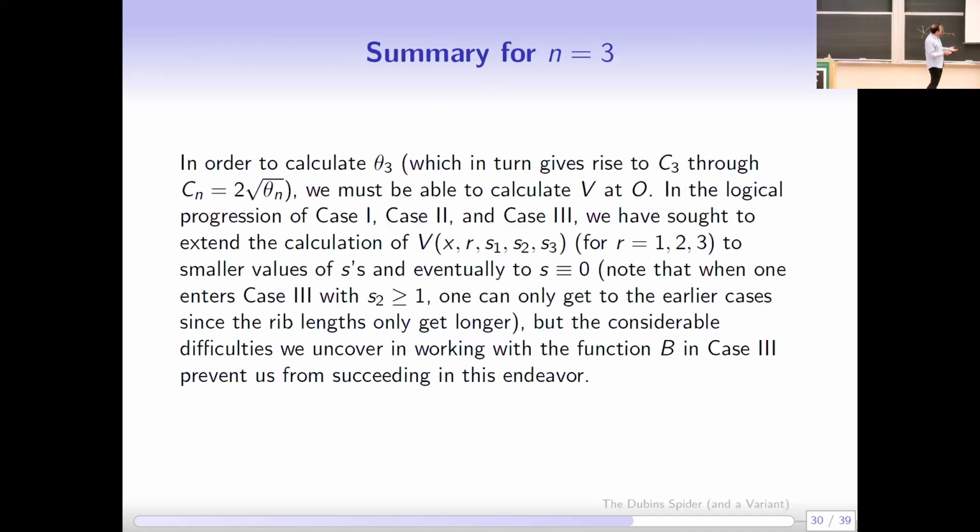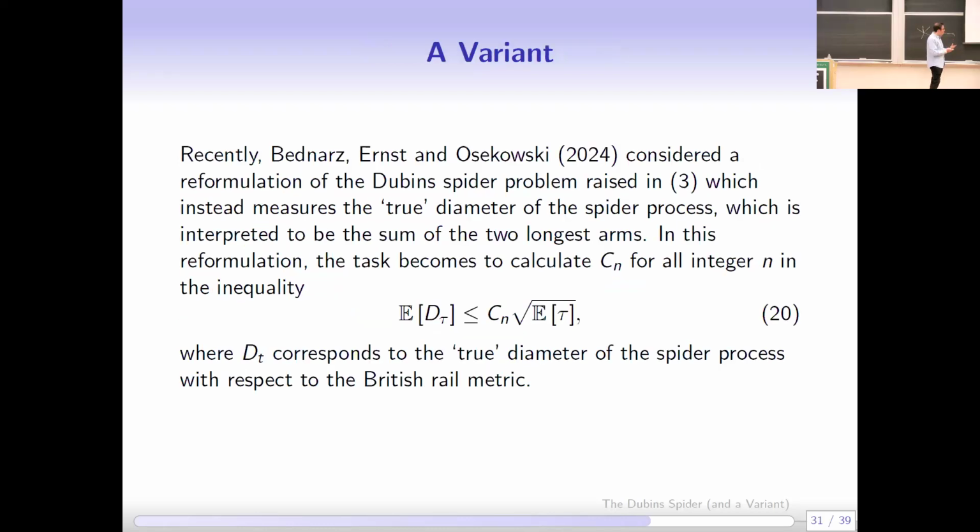So in order now to calculate theta 3, we have to calculate V at O. In the logical progression between these cases, we wanted to extend the calculation to smaller values of S's and eventually to S0. And what keeps us from succeeding? We can't directly express B here.